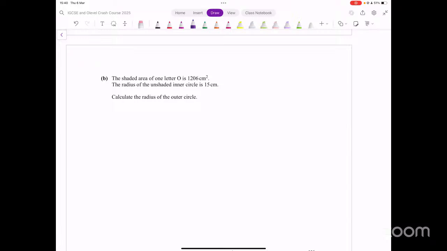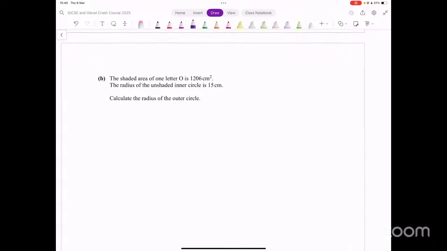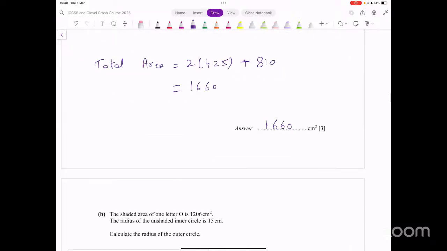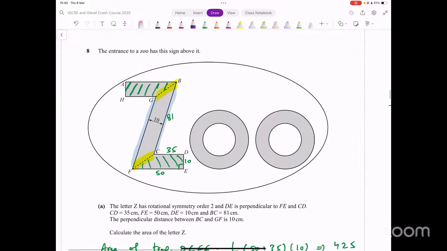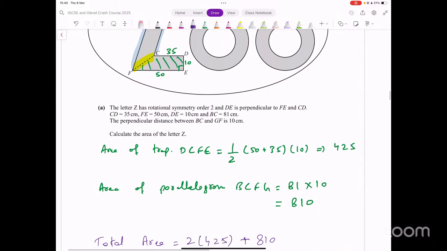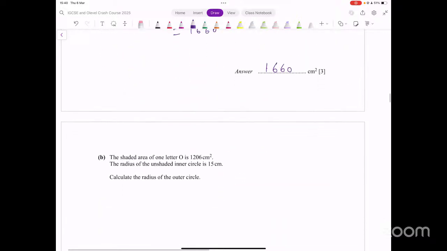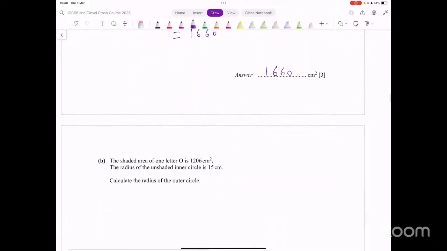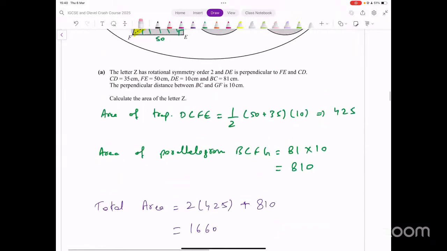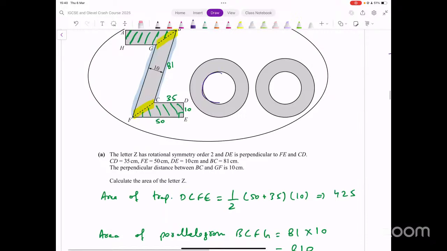Okay, now let's think about this. Shaded area is 1206. Have they given us any information about O? Do they tell us anywhere it's a circle? Okay, yes, they're telling us here that these are both circles. So this figure O is a circle.